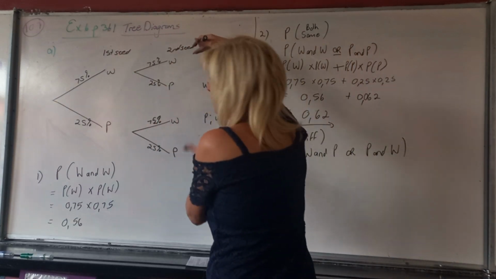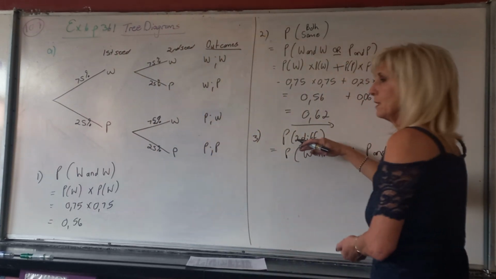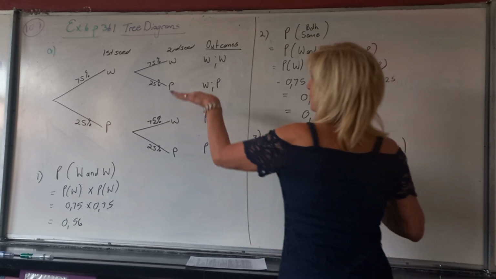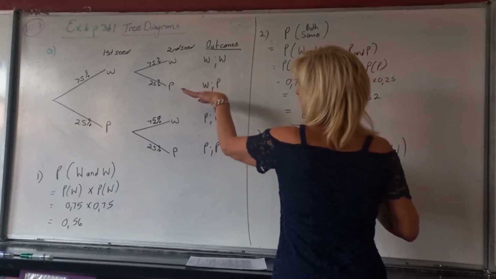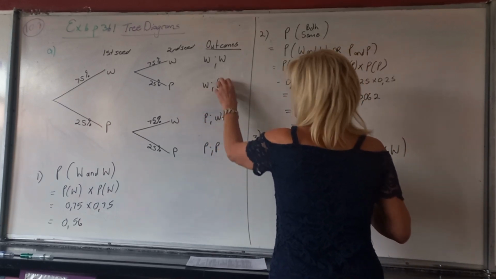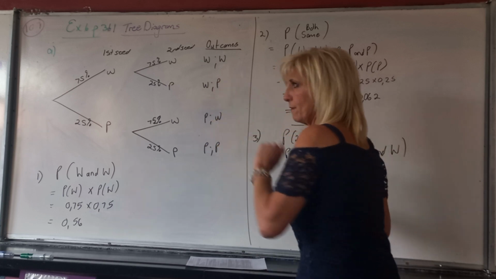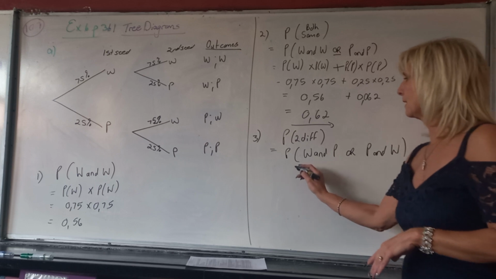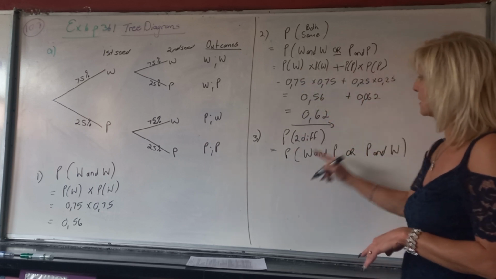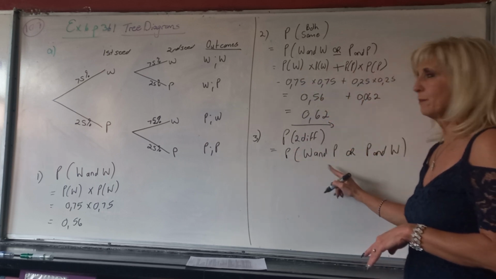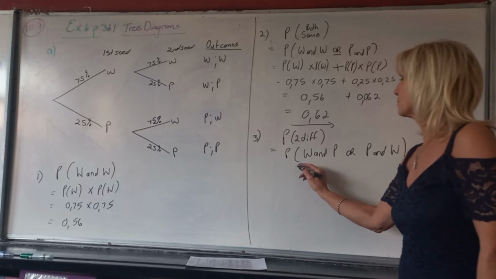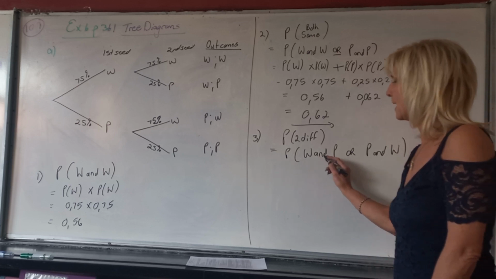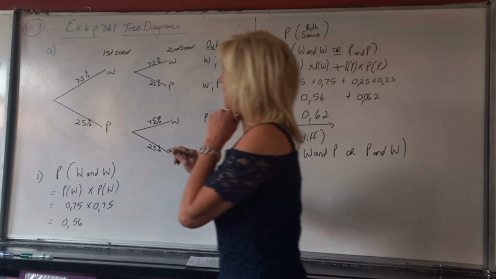So where are the favorable outcomes for having 2 different ones? It would be white, pink, pink, white. There's not just one version, there are 2 of them, and that doubles my probability. So when I put it in here again, I'm skipping that step, saying white and pink times pink and white. Are you with me? So this will be the probability of white and pink. Let's just go for the tree diagram.